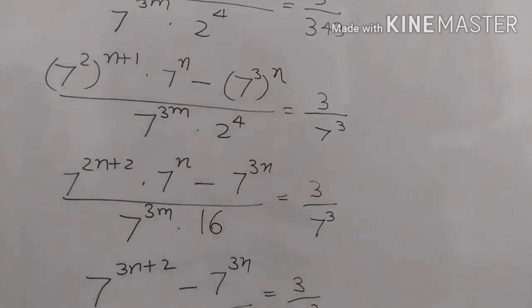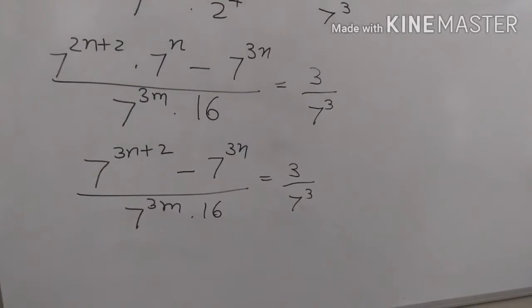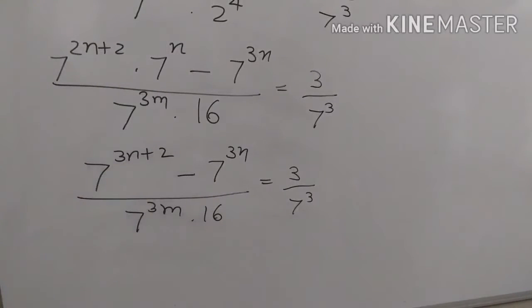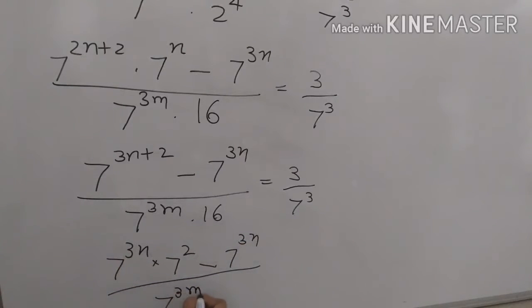Now in the next step, students, first of all I will split this 3n plus 2. So 7 raised to 3n into 7 square, minus 7 raised to 3n, divided by 7 raised to 3m into 16, is equal to 3 upon 7 cube.